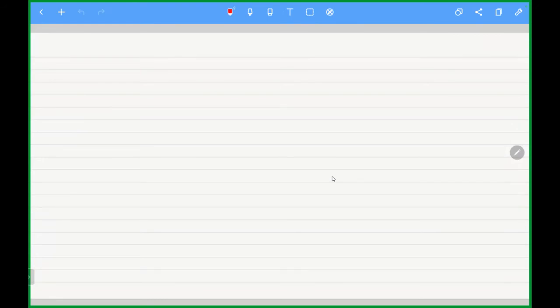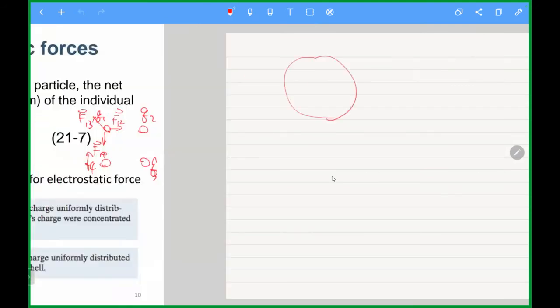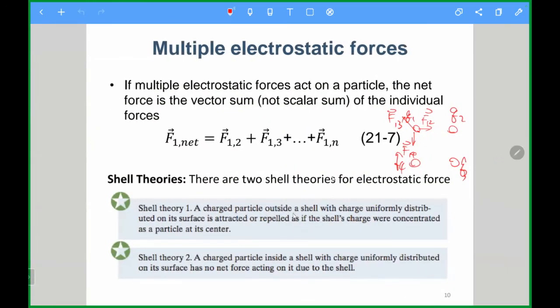So it says, if you have a sphere, outside a shell, you can imagine it is a sphere, and then all the charge is equally distributed on the surface.